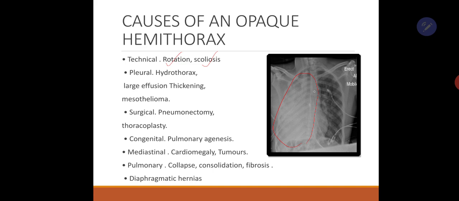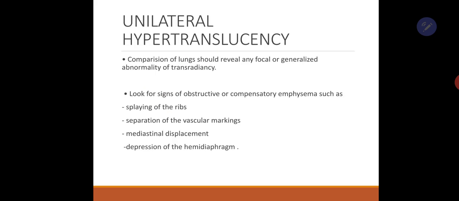Pleural pathology: hydrothorax, this can be fluid, a large pleural effusion, pleural thickening, mesothelioma. Also surgical pneumonectomy, thoracoplasty, congenital pulmonary agenesis, mediastinal and cardiac tumors, pulmonary collapse, consolidation and fibrosis, and diaphragmatic hernias.